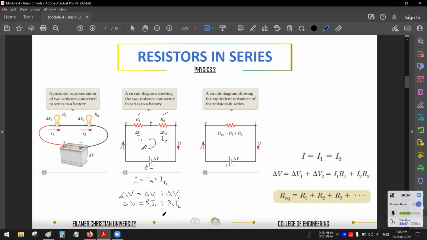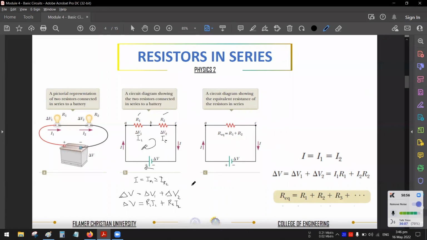So this is also your potential difference across the battery. Or no, this is your voltage drop, I mean. This is your voltage drop going to your load. Okay? So the potential difference across the battery is also applied to the equivalent resistance REQ.